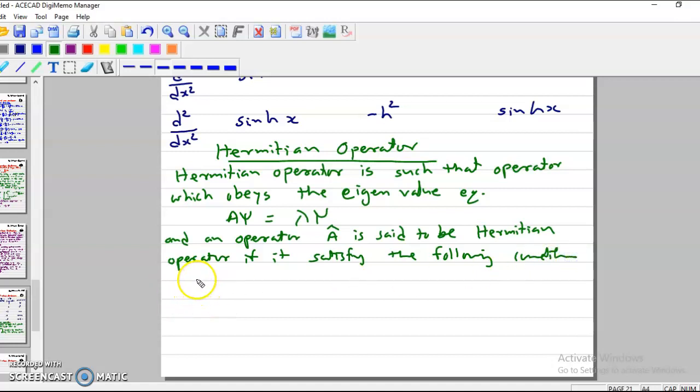That is, integral of psi1 star A psi2 dt is equal to integral of A psi1 star psi2 dt.